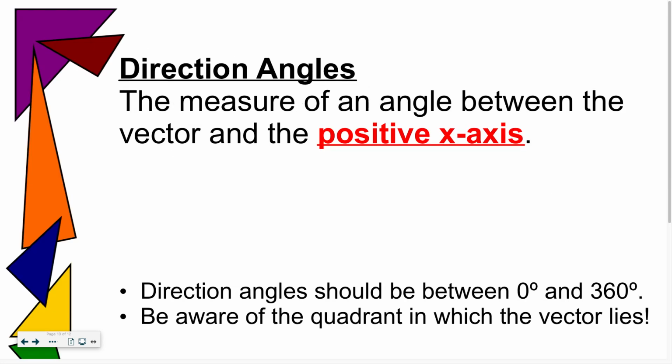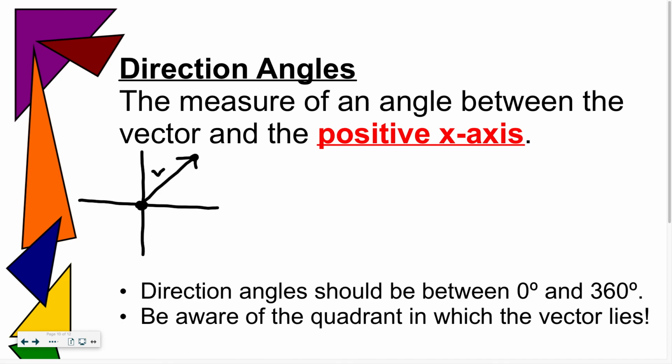All right, last thing is going to be direction angle. A direction angle is the measure of an angle between the vector and the positive x-axis. Okay. I'm going to start with the vector here in quadrant 1.